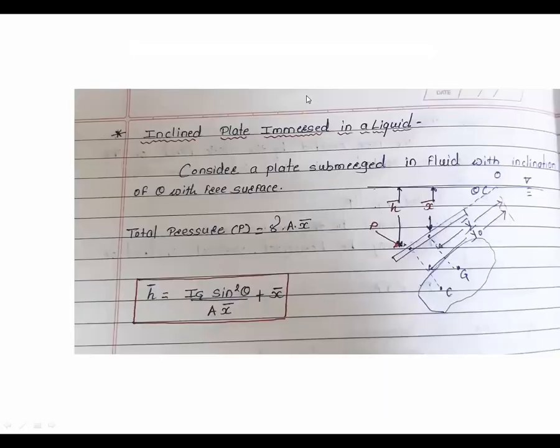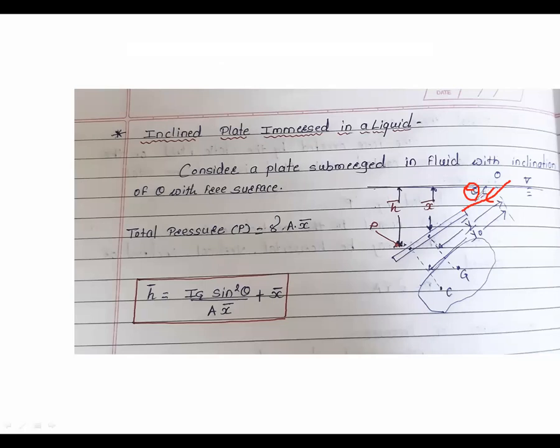In the next slide, we could see a plate immersed into the fluid or liquid, inclined. In the figure you could see that this particular plate is making some angle theta with the free surface.